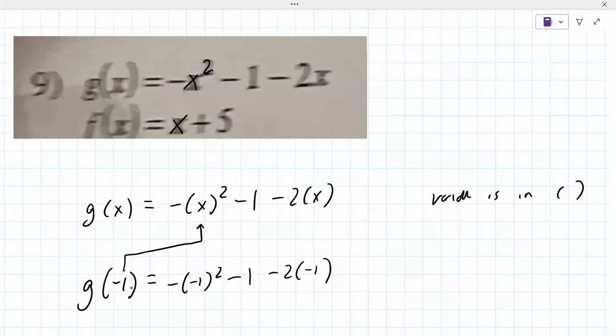So it would be -1 minus 1 then, right? And the x is -1, right? Yes. So -1 squared, so it'll be -2.